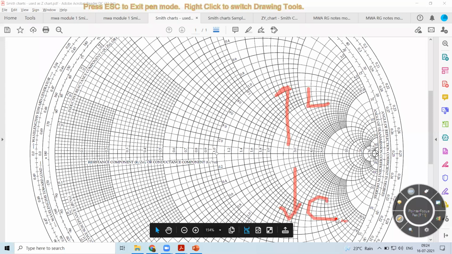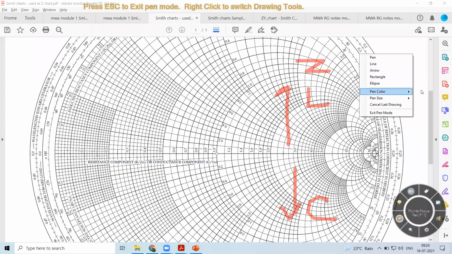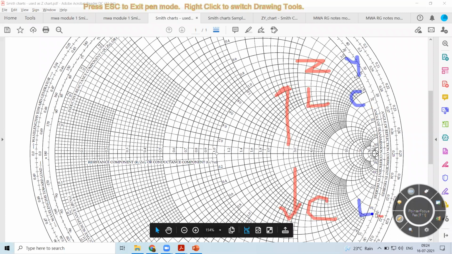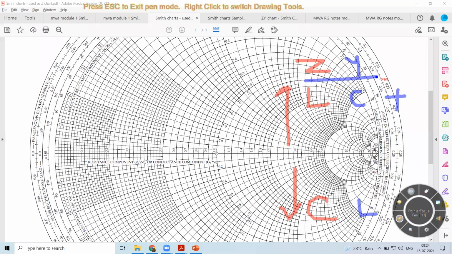So this is for Z, what I'm speaking. Now, without rotating, if I use this chart for admittance, this part will give me the capacitive information. This part will give me the inductive parameters. Therefore, the sign will be positive whether it is Z or Y chart, and here it will be negative whether it is Y or Z chart.